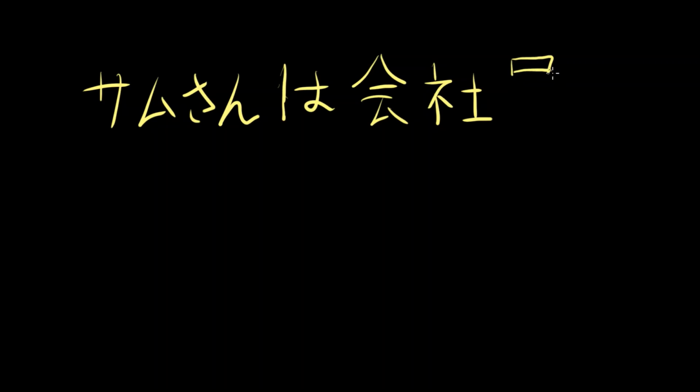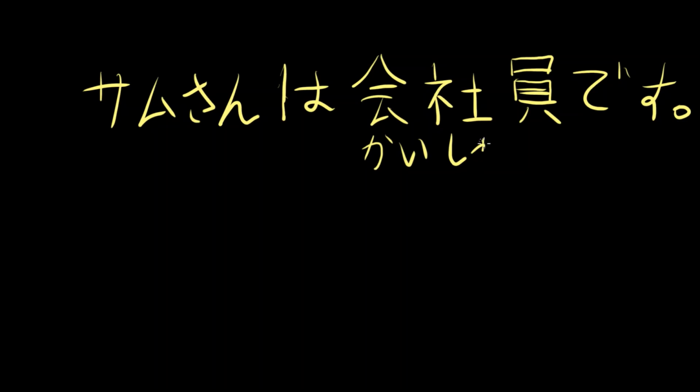These graphic tablets can sometimes be a bit tricky to write on. 会社員です。Let's make a statement. サムさんは会社員です。会社員。会社 literally means a company. 員 is like an employee of that company. So Sam さんは会社員です。Sam is a company employee.